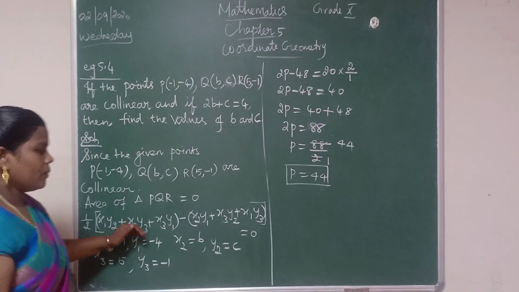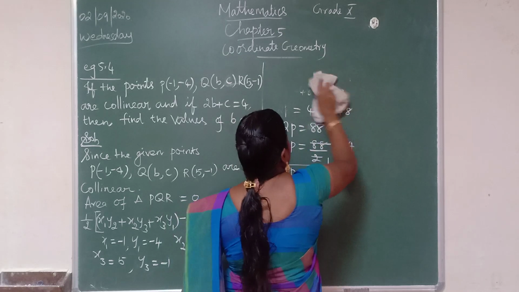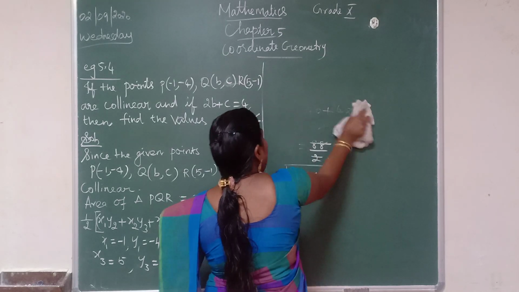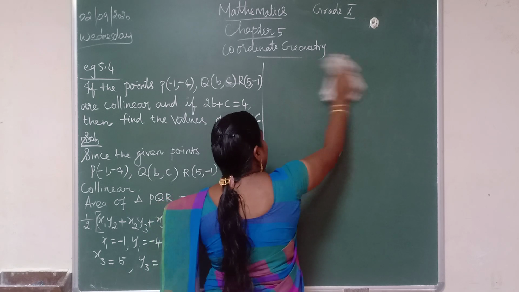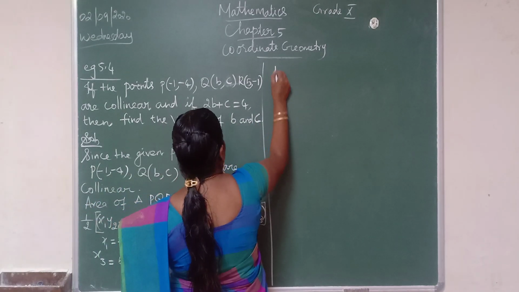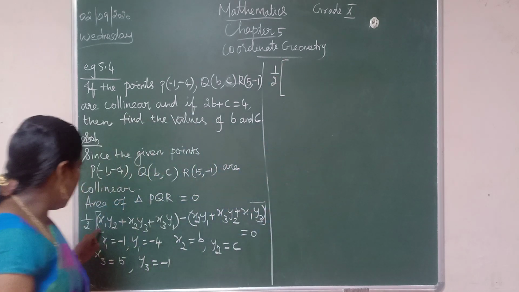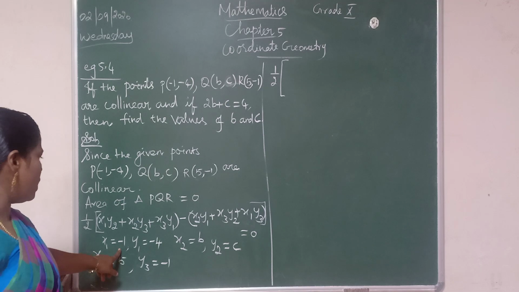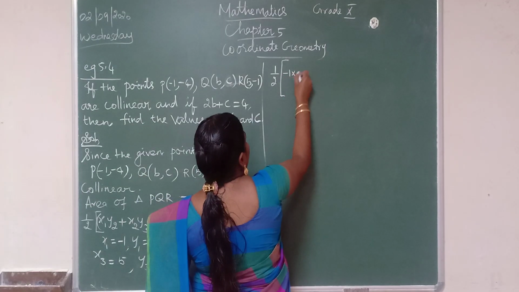Let's substitute. That is equal to 1 by 2 into x1 y2. x1 is -1, y2 is c. So -1 into c.